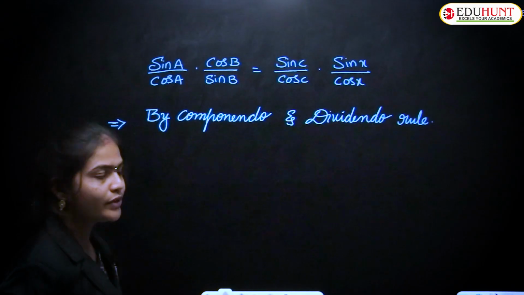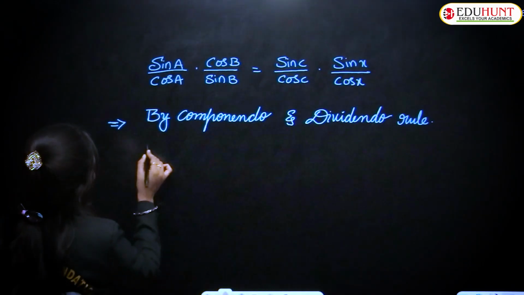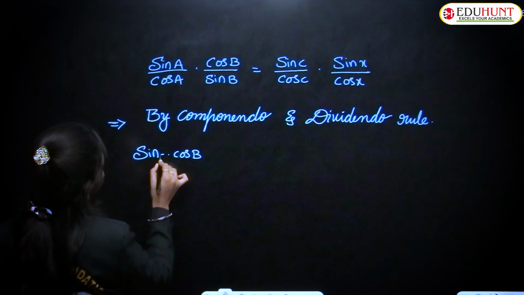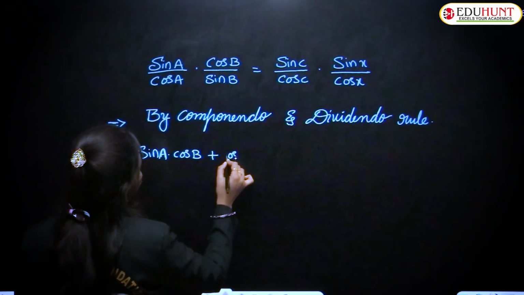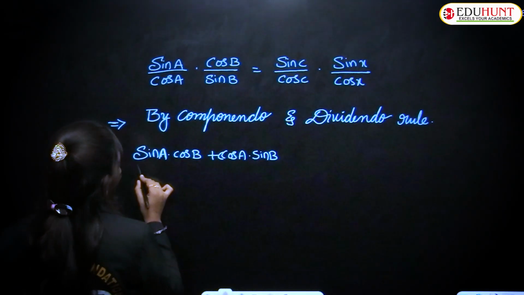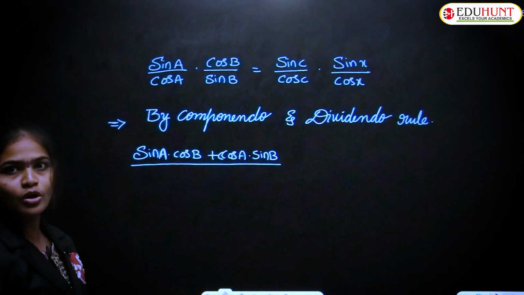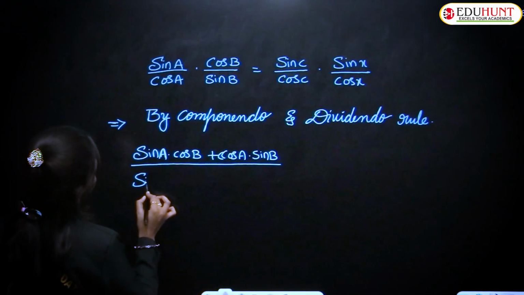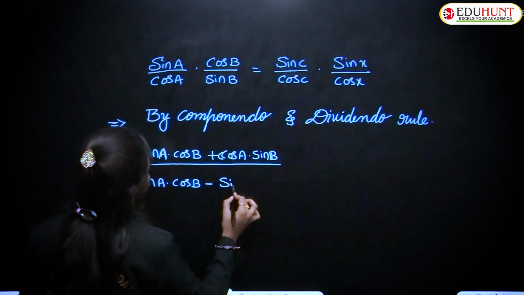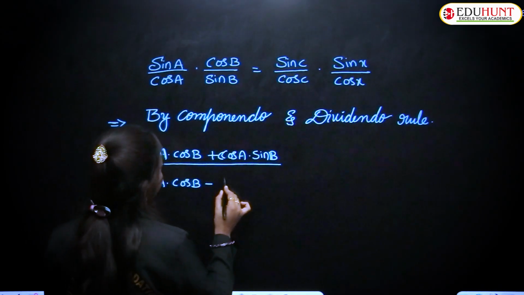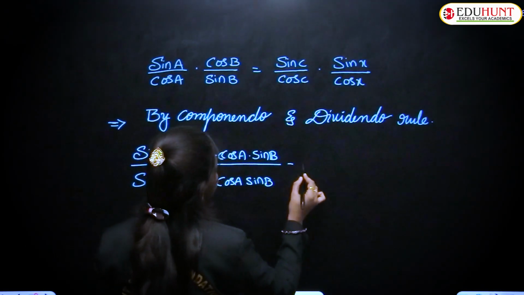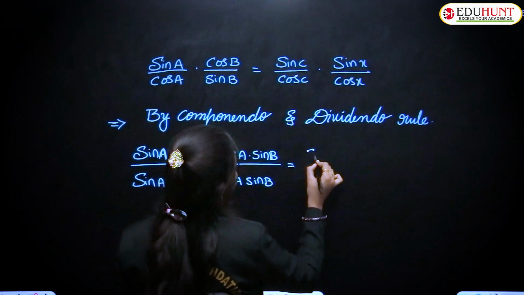Okay, so by the componendo and dividendo rule, what is that? Componendo and dividendo rule: sin A cos B plus cos A sin B, by sin A cos B minus cos A sin B, which is equal to, here also we have to apply the same thing.